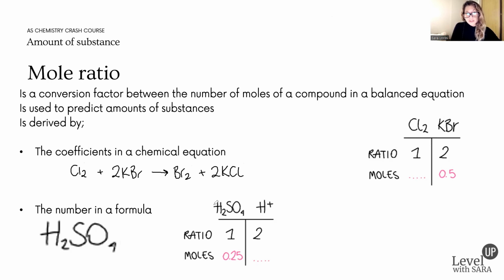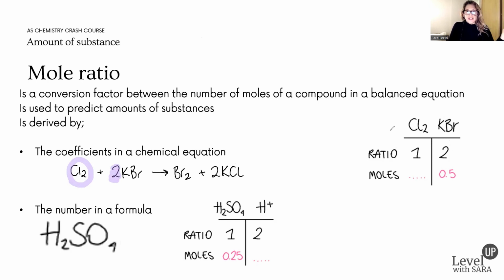That's why we put the coefficients at the front of the compound. Now remember that this means that one chlorine reacts with 2 KBr in order to form the products. So this is a conversion factor. What this means is that for every one chlorine, we have 2 KBr.